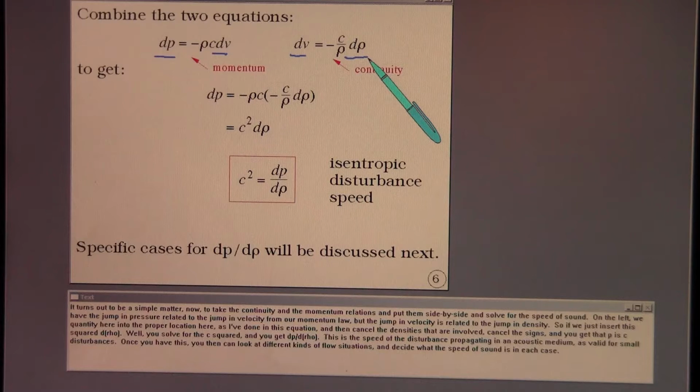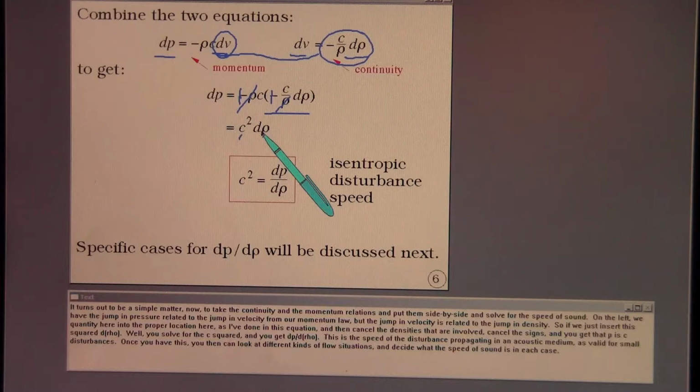So if we just insert this quantity into the proper location, as I've done in this equation, and then cancel the densities that are involved, cancel the signs, and you get that dp is c squared d rho.